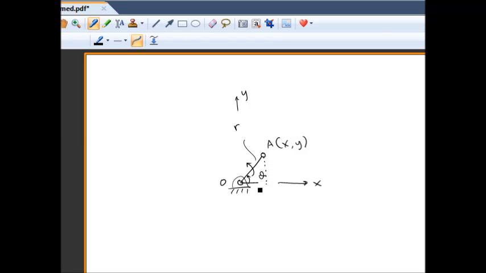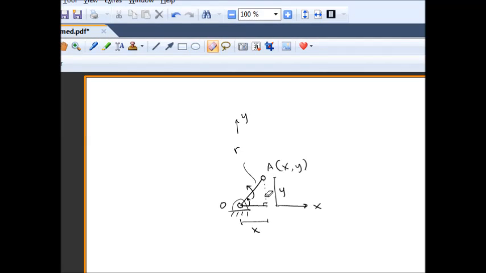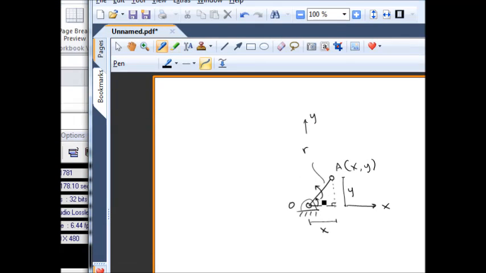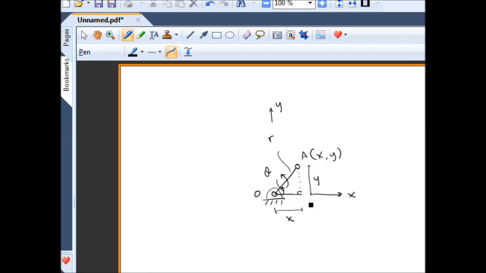That would give us this distance x, and similarly the y component, if we imagine this as being a right triangle, y is going to be distance r times the sine of the angle theta. And that theta should be tucked in a little bit closer to indicate that it's the angle that the crank makes with the horizontal.